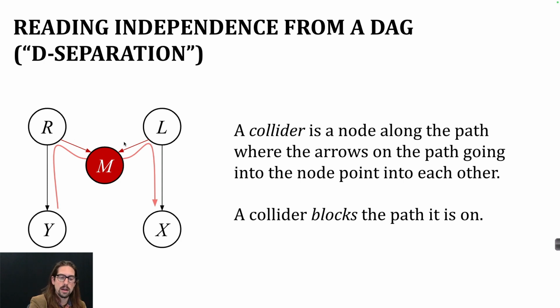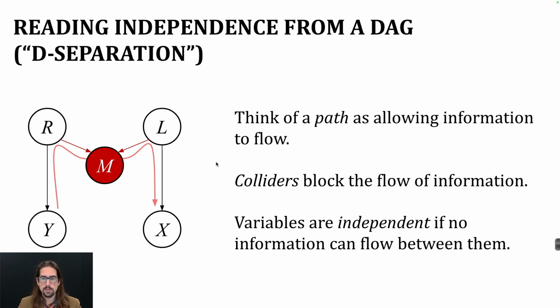It's a variable that has two arrows pointing into it, where the path follows one arrow in and takes the other arrow out. If your path is going through a collider, the collider blocks the path. I've colored it here in red to illustrate that.